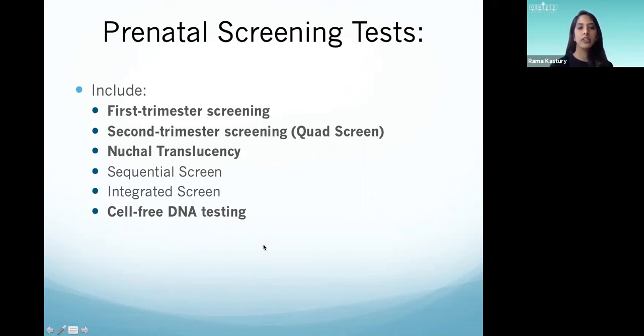The tests that are considered prenatal screening tests are first trimester screening, second trimester screen, which includes the quad screen, which you may have heard about, nuchal translucency, and then sequential screen and integrated screen. And then last but not least, our favorite, cell-free DNA testing. I'm going to focus on the first trimester, second trimester screen, nuchal translucency, and cell-free DNA.